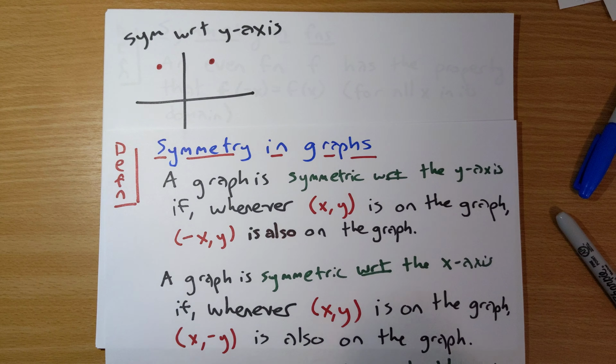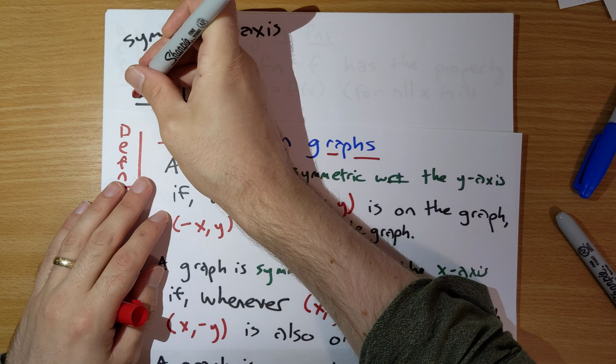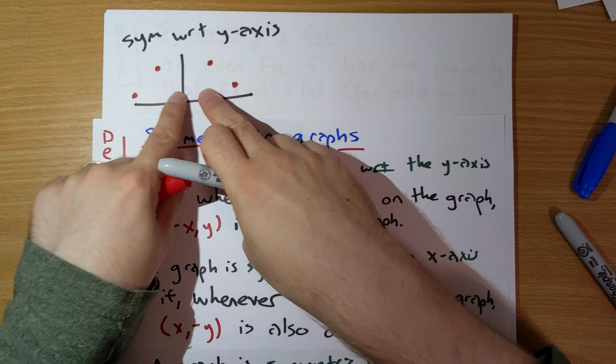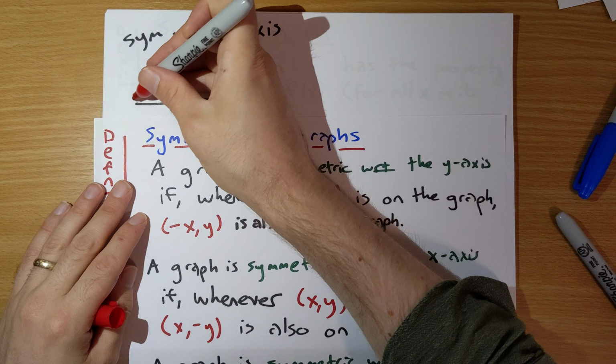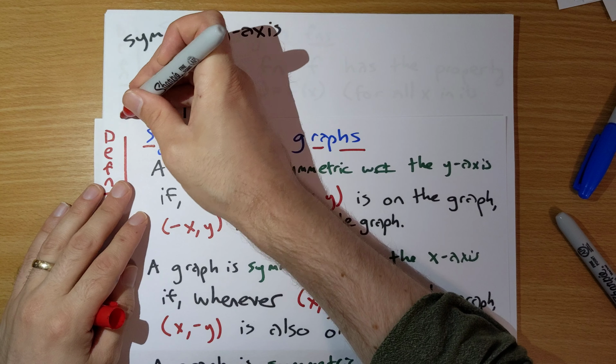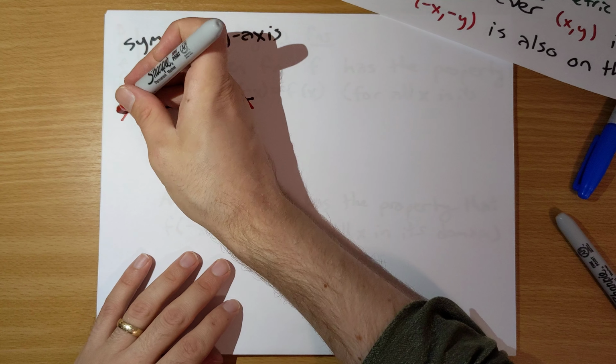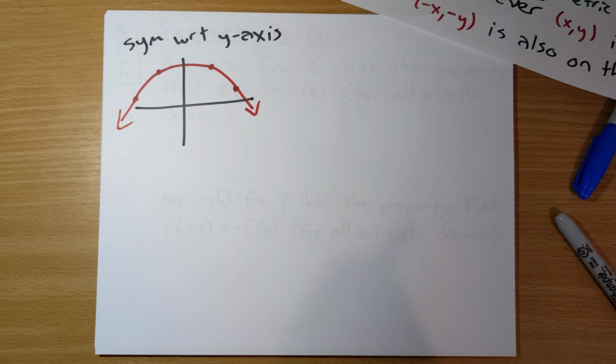So we have that over there. We are reflecting things over the y-axis, and so this is an example of a function that is symmetric with respect to the y-axis.